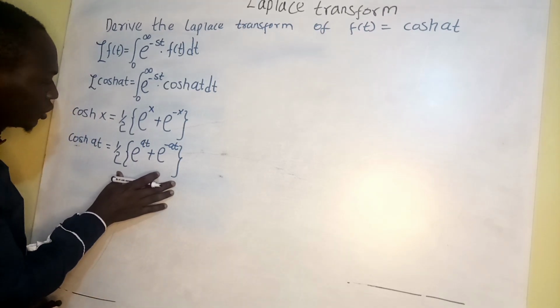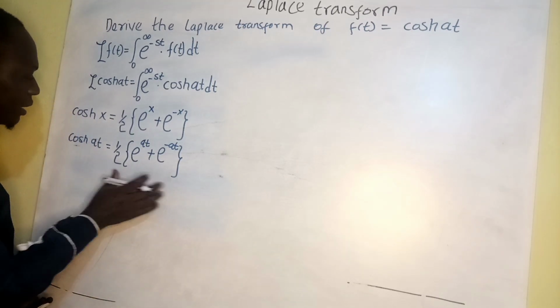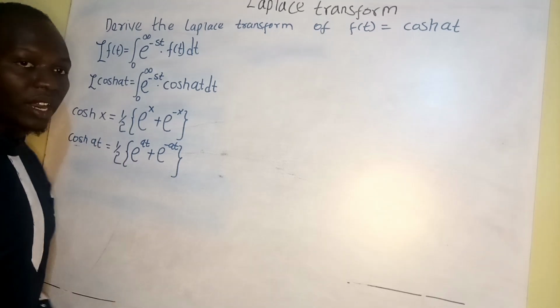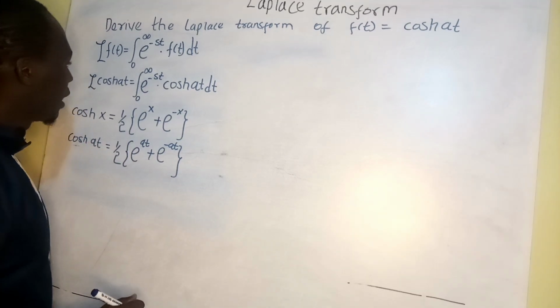We can really say that cosh at is equal to whatever we have on the right hand side.